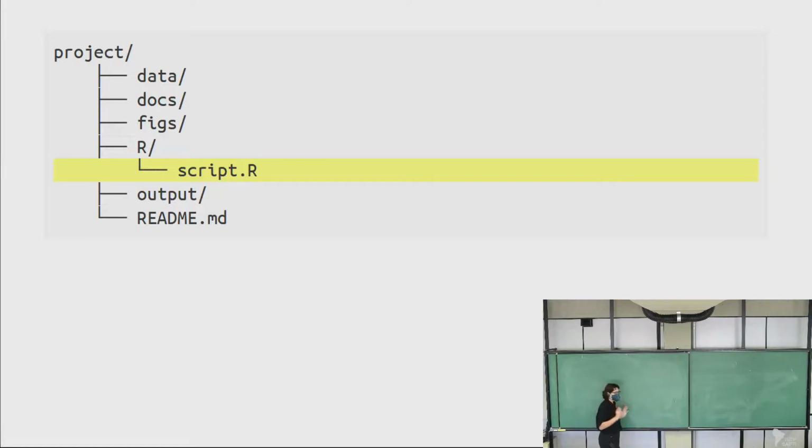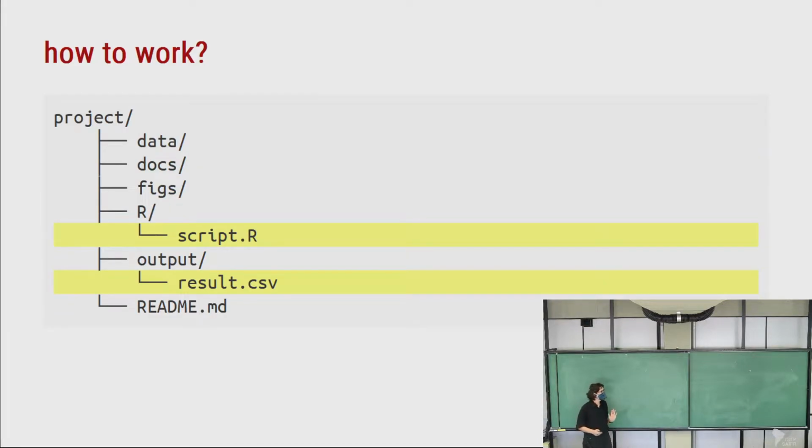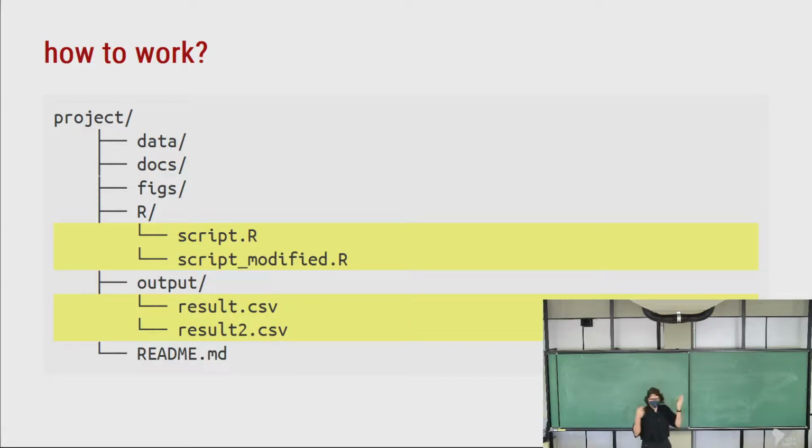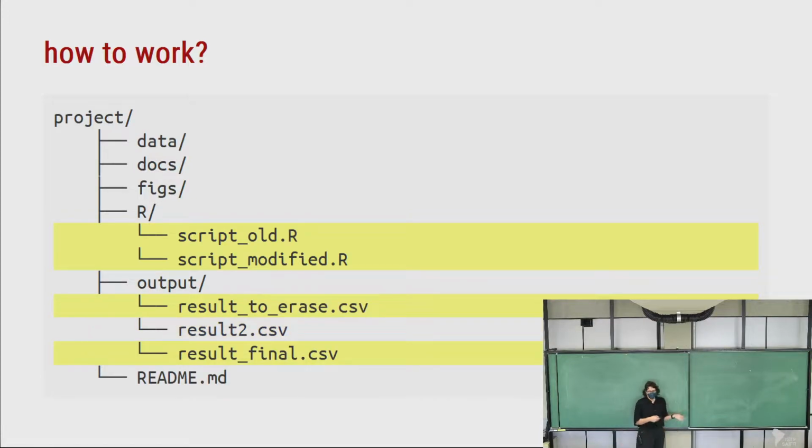So imagine we are doing an analysis for a particular project, and we have this structure. I have a first script, and that script generates an output. But things change in life, and I decided to modify my script, add more analysis, and now I have a second result. But things get messy, and then we decide to be more informative and make clear which script we are using currently and which we are not.